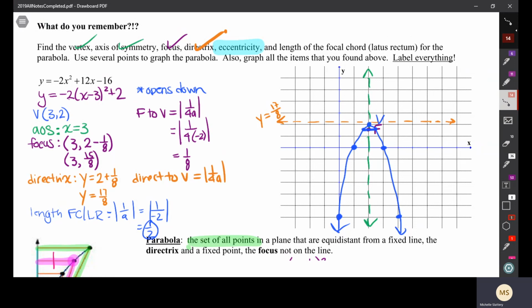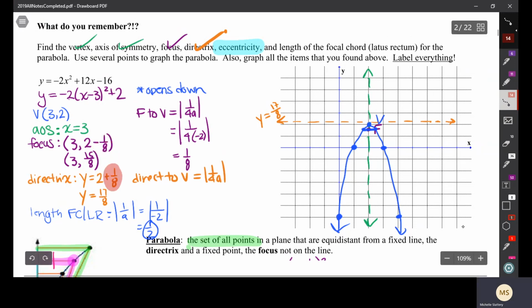The vertex is equidistant to the focus and the directrix. So the distance from the directrix to the focus is also the absolute value of 1 over 4a, so that's 1/8. You can see that for the focus, I took the vertex point (3, 2) and then subtracted 1/8 since I know it opens down, so the focus has to be below the vertex.